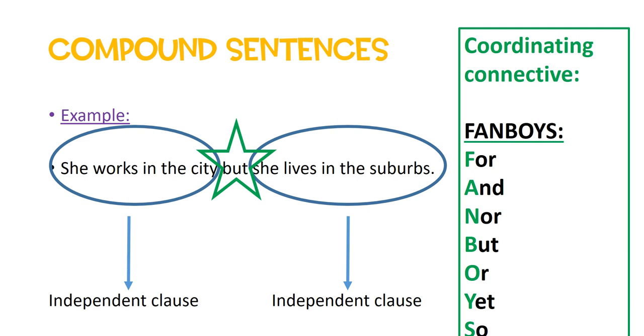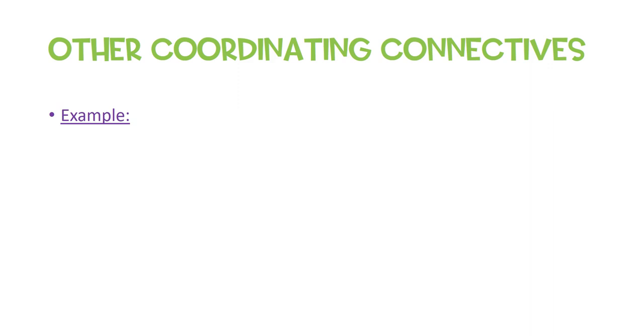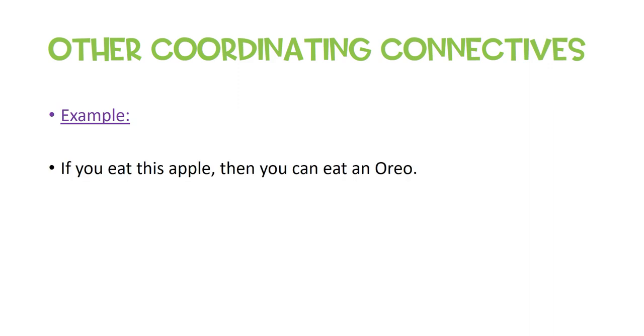You might like to use this easy to remember acronym FANBOYS to help you remember other coordinating connectives. We have for, and, nor, but, or, yet, and so. Some other coordinating connectives. If you eat this apple, then you can eat an Oreo.